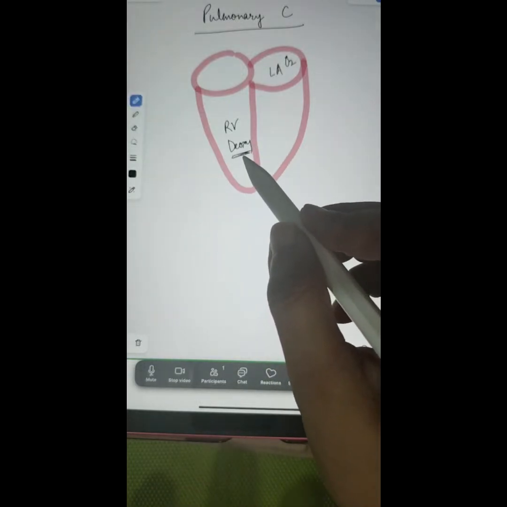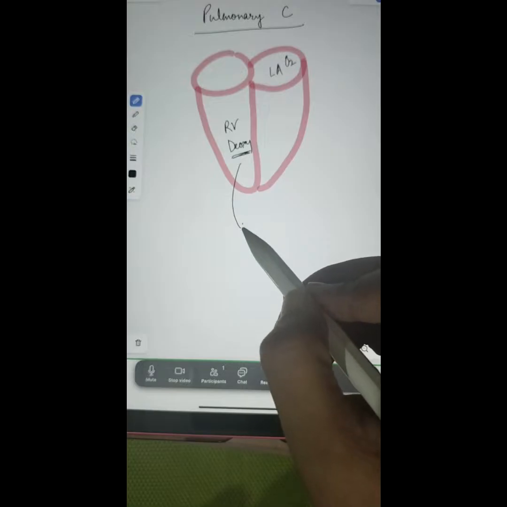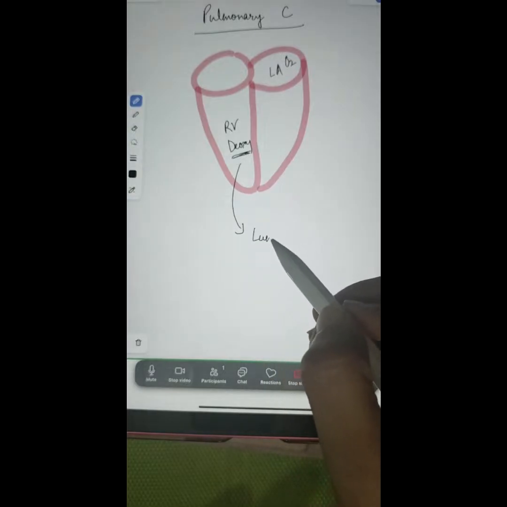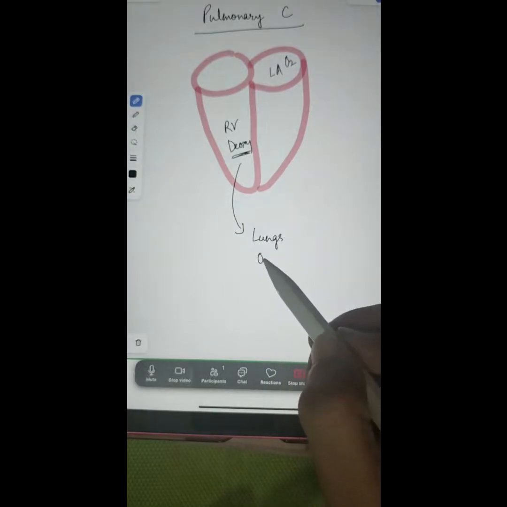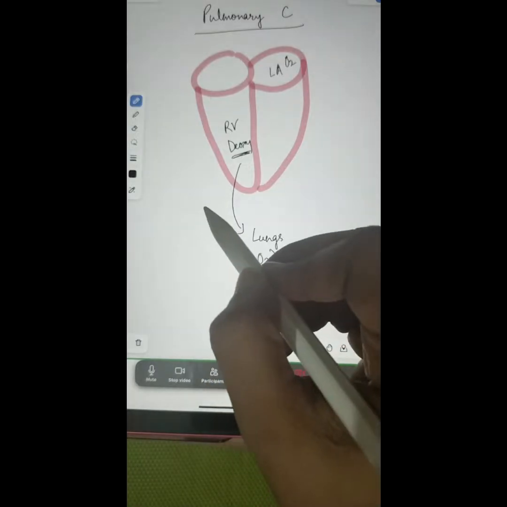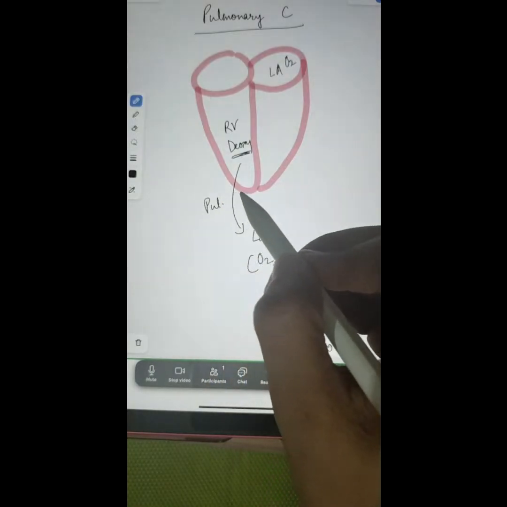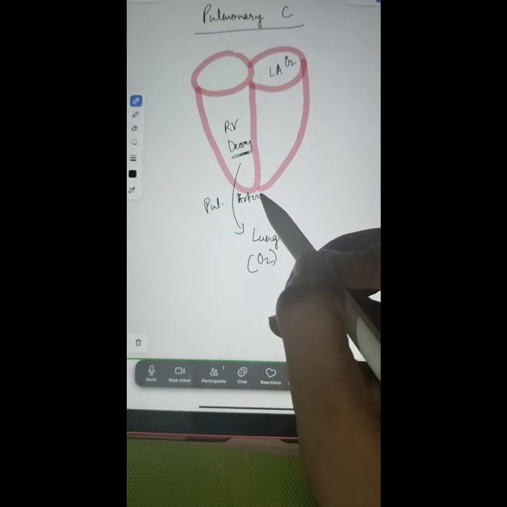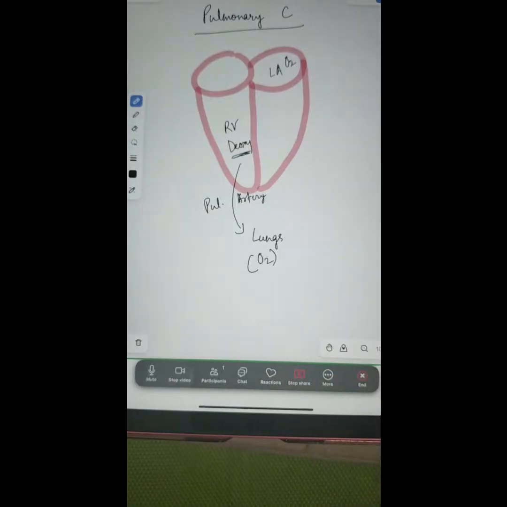Now this deoxygenated blood will be going to the lungs for oxygenation via pulmonary artery. So pulmonary artery will be carrying the blood from right ventricle and then it will reach the lungs.